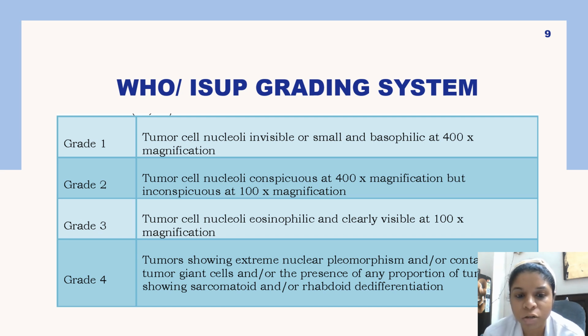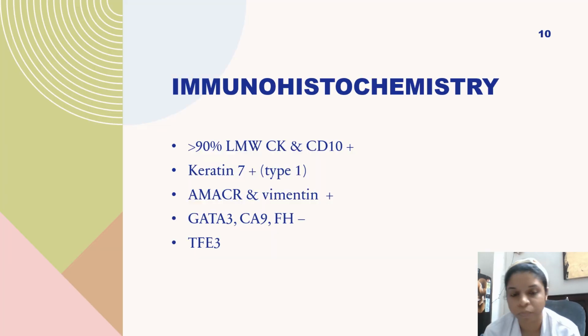Grade 3 nucleoli are eosinophilic and clearly visible even at low power magnification. And in grade 4, there is extreme nuclear pleomorphism and tumor giant cells, and presence of sarcomatoid or rhabdoid dedifferentiation, etc., in the papillary RCC or clear cell RCC, whichever you are grading.